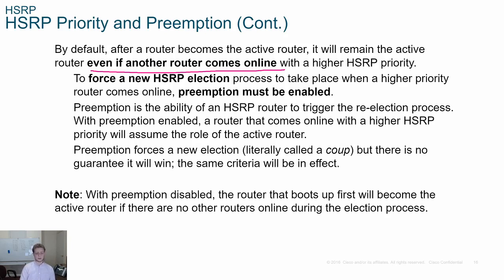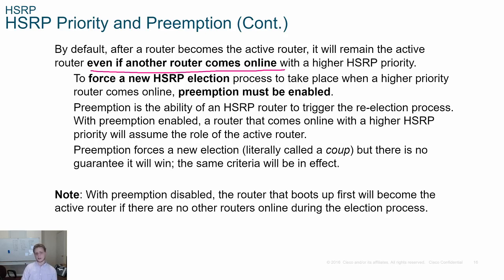This technology, along with others, has these safeguards in place so that if a situation like that happens, where you have a boot loop or some other kind of issue that's causing the switch to reboot, you're not going to constantly re-elect the active router.